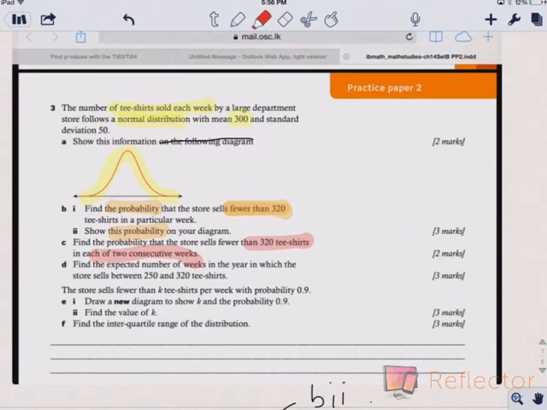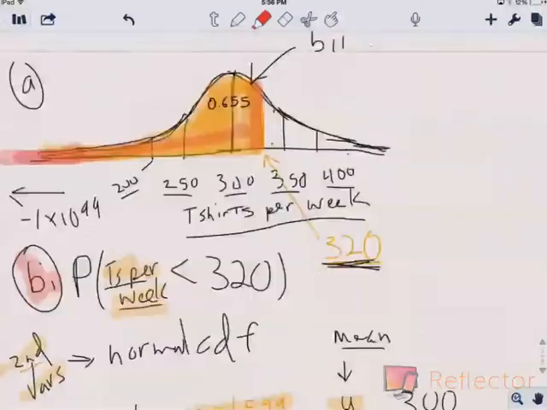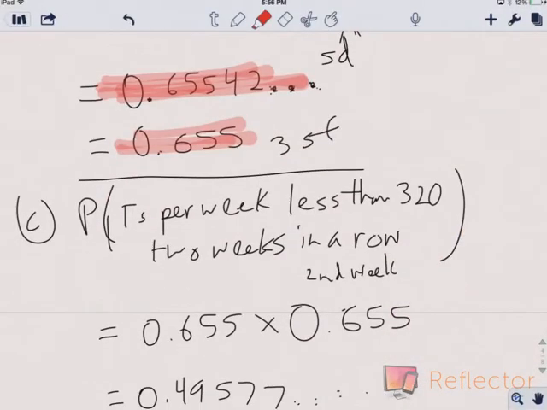Is this dependent? No, it's not, because the store selling t-shirts in week 1 is not going to have an effect on the store selling t-shirts in week 2. So they're independent events, so we can just multiply them together. The probability of it happening in 1 week is 0.655.